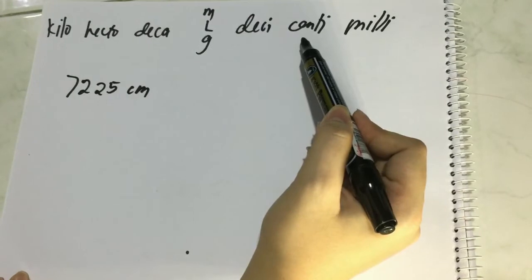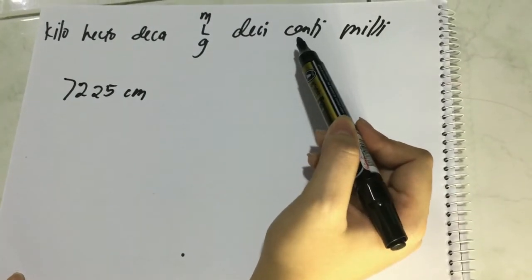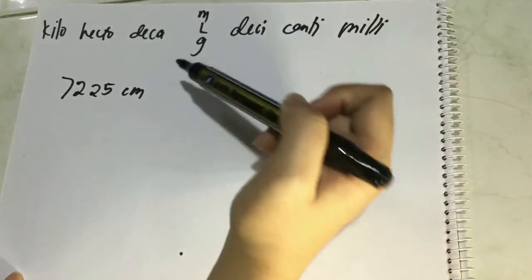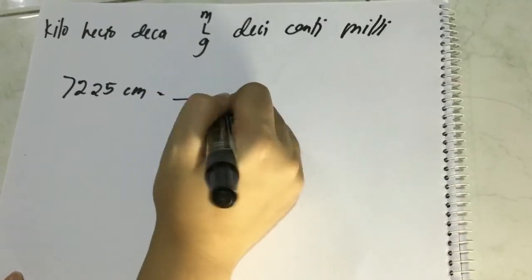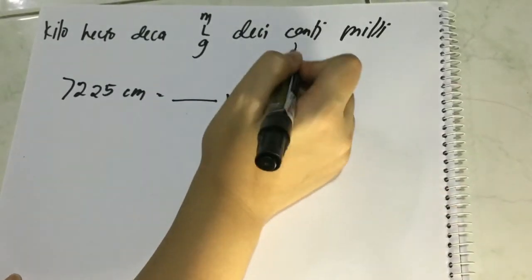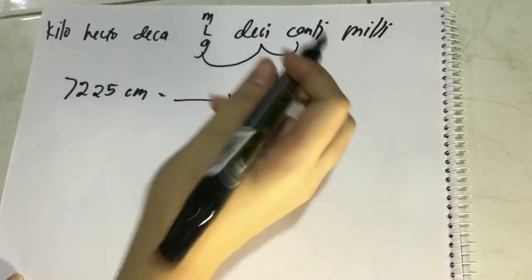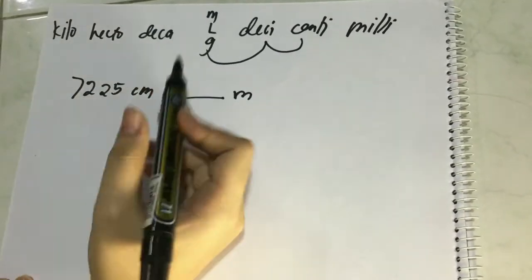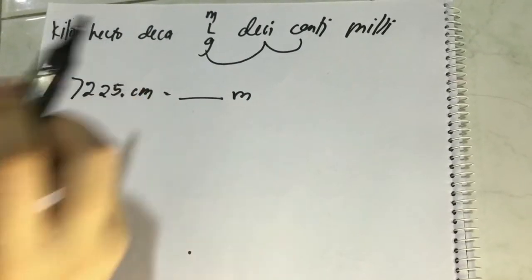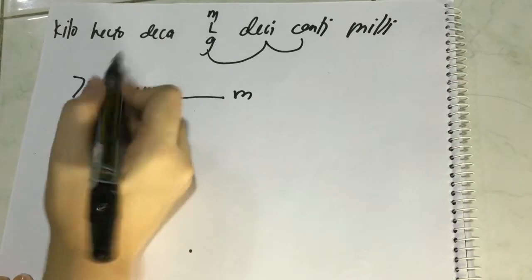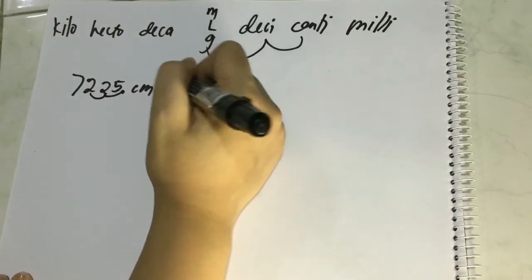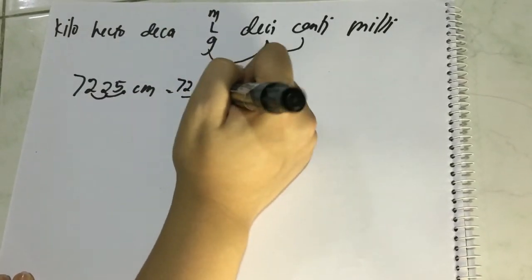From centimeters, how many places do we have to go in order to achieve the equivalent in meters? 1, 2. So, we have to move the decimal point 2 places to the left. 1, 2. So, that's 72.25.